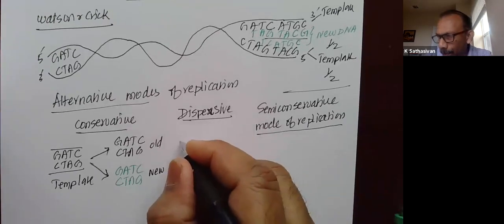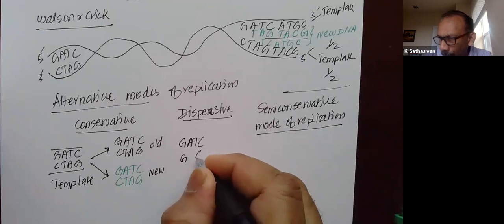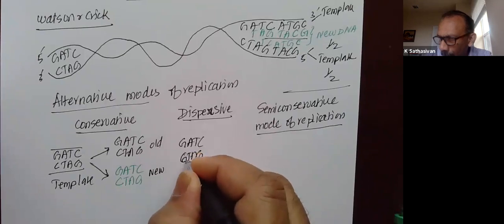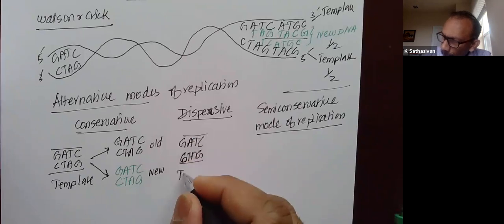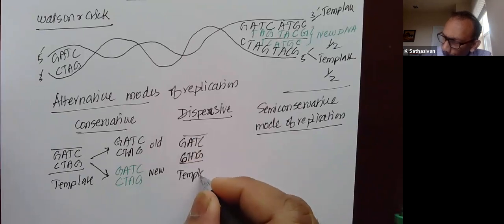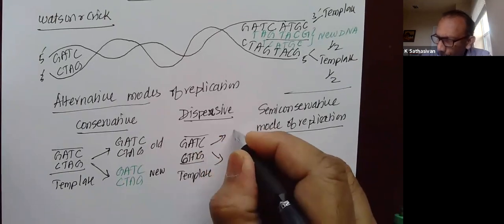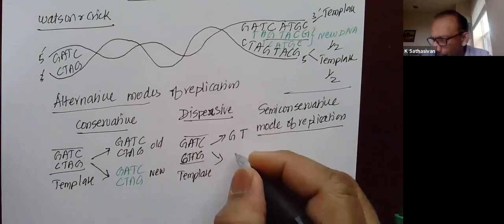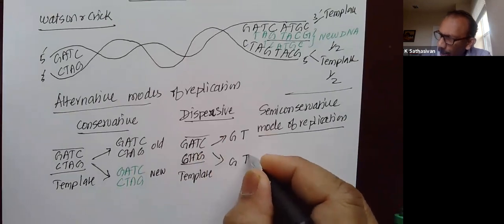So in the dispersive mode of replication, if you have this GATC and GATC here, this is the template. And this will separate into GT, and the same thing is going to happen like a GT.